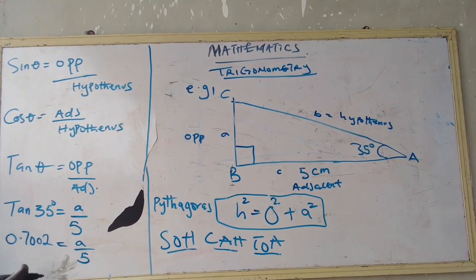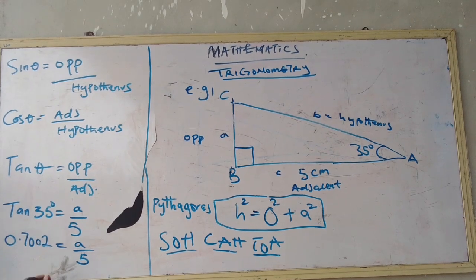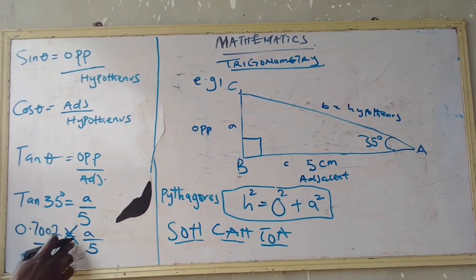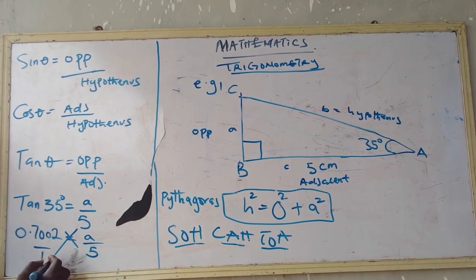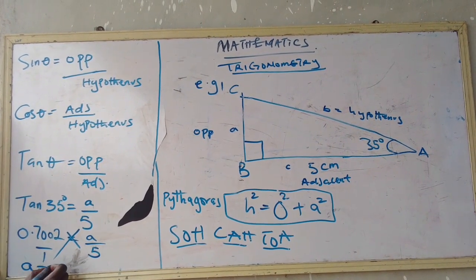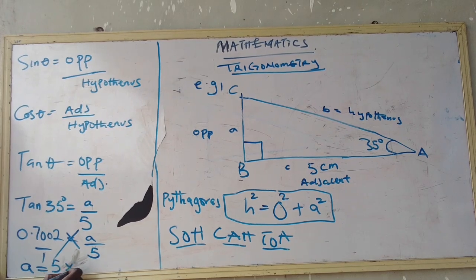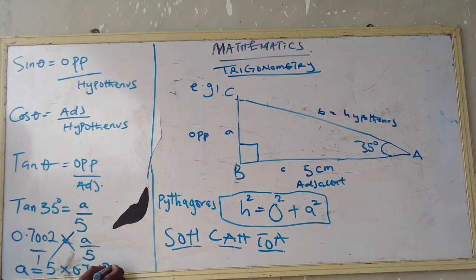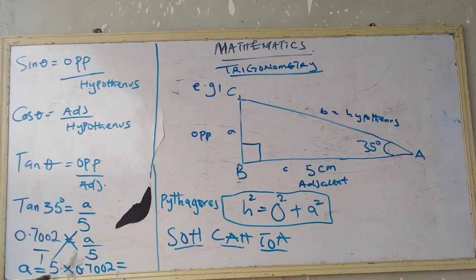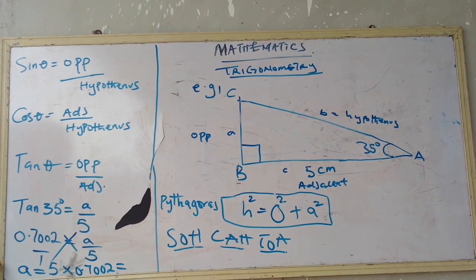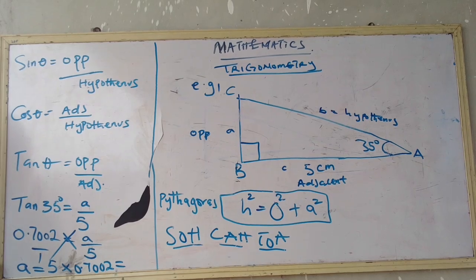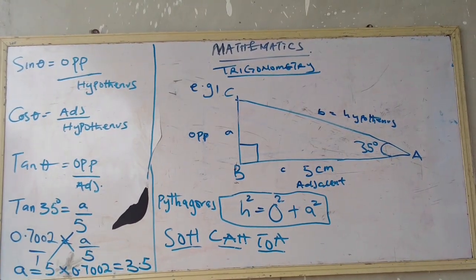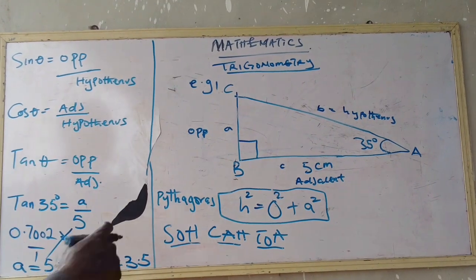The next thing is to cross multiply, so let's assume this is over 1. a times 1 is still a, equal to 5 times 0.7002. When you multiply 5 times 0.7002, our answer is 3.5 approximately.